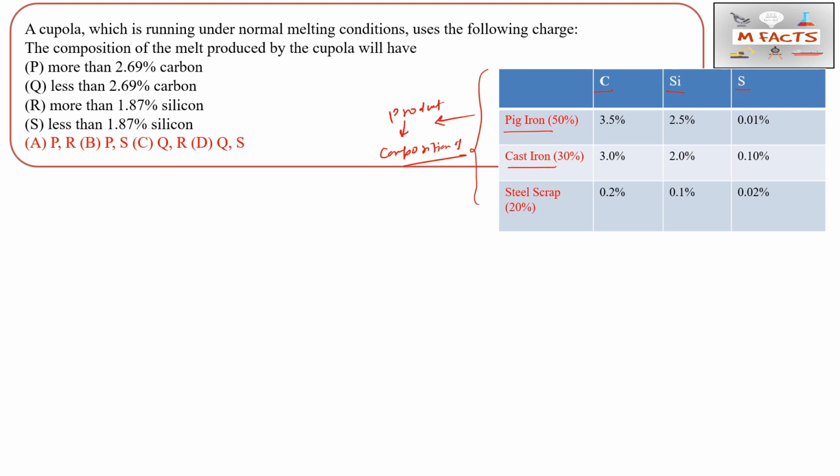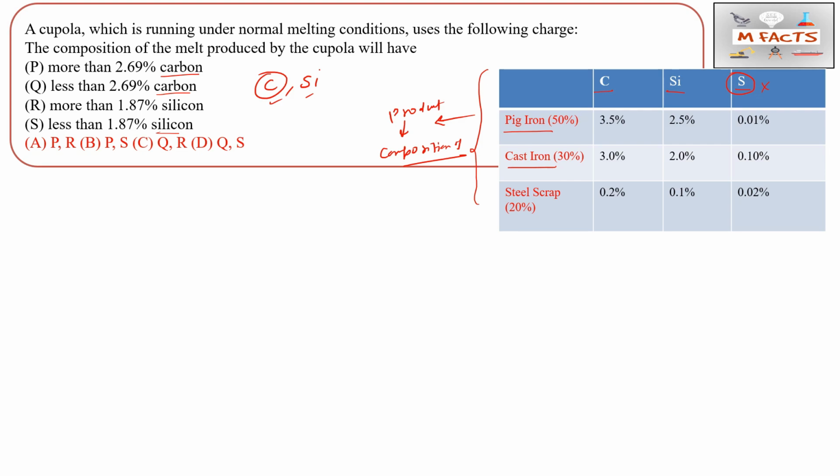In that composition they are asking about two things: more than 2.69% of carbon or less than 2.69% of carbon, and 1.87% silicon, that is, more than or less than 1.8% of silicon. So they are basically talking about two elements, carbon and silicon. Okay, so we will not consider sulfur content here.